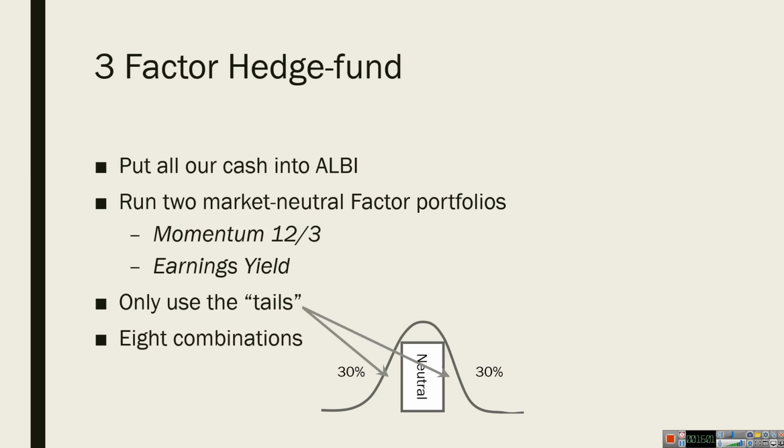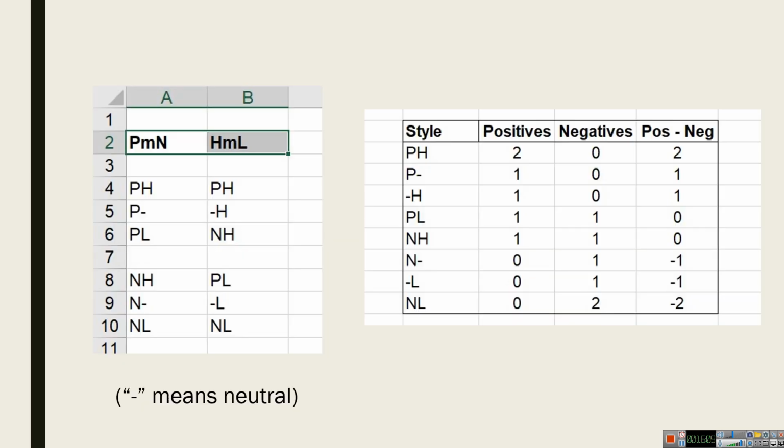And so this gives us 8 combinations of possible places where a share could be. You'll see them over here. These are our 8 different styles. So, for example, this is looking at momentum. So P is positive minus negative momentum.